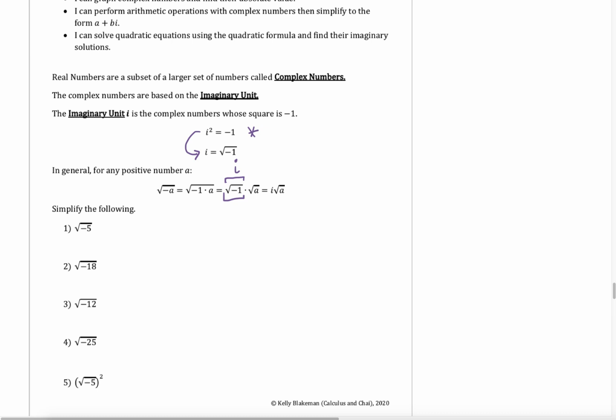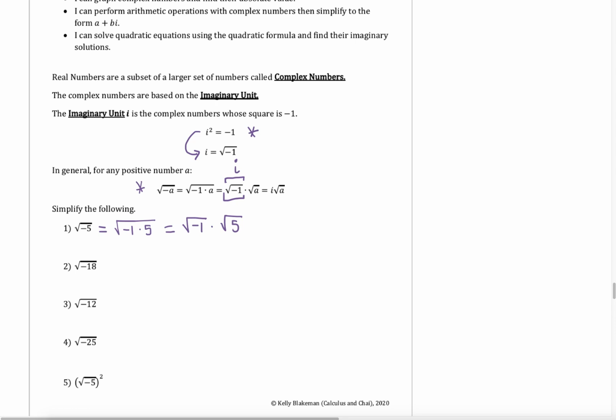So in our first set, we're simplifying the following, and we're starting off with the square root of -5. We're going to use the same concept up above, where we had the square root of -a. So that -5 itself, I can break apart as a -1 times a 5. From there, I can actually break apart that square root and take the square root of -1 times the square root of 5 individually.